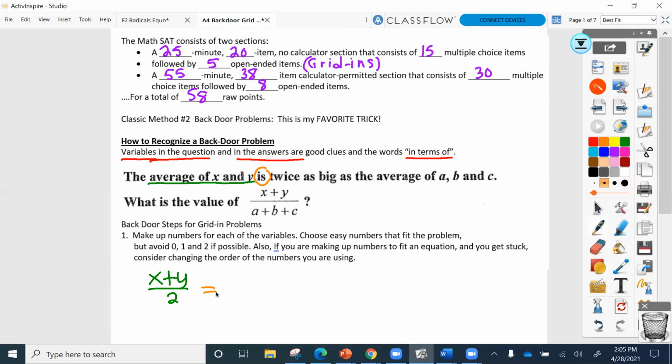And then we have this word twice, which means 2 times as big as the average of A, B, and C. If you're trying to find the average of A, B, and C, you're going to add them up and divide by the number of numbers, which is 3.